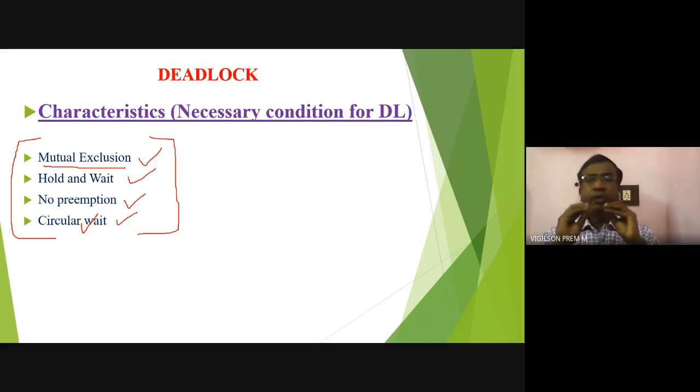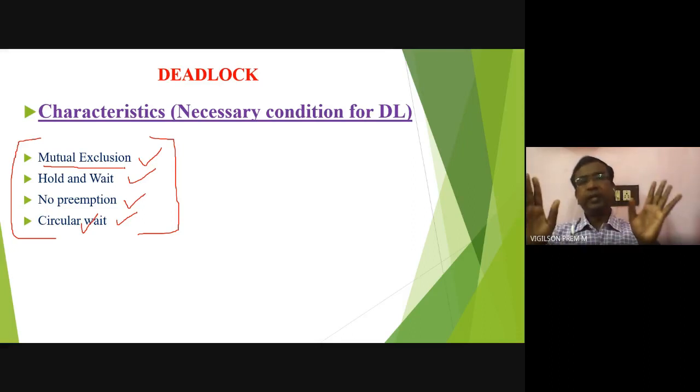This is a universal truth. That means one resource, one process at any given time. So we cannot change that. By default, this condition exists.